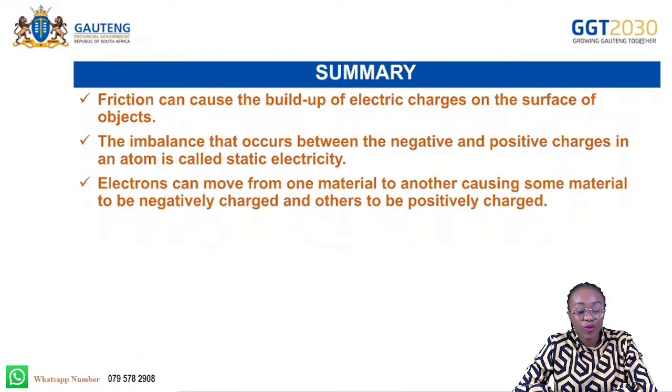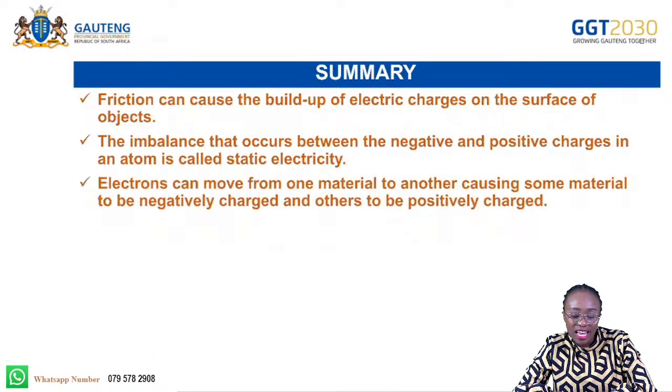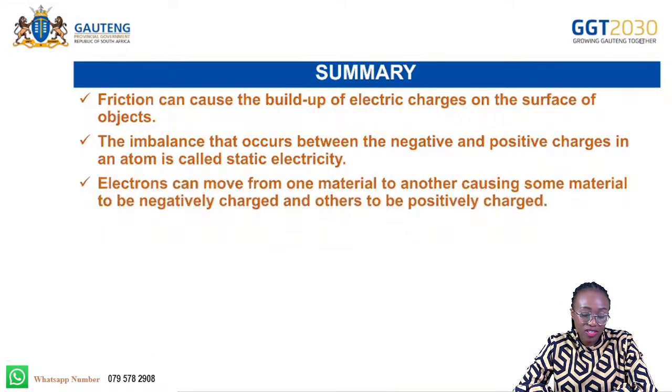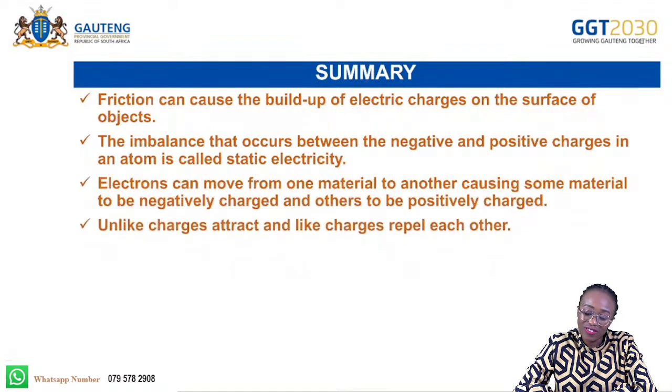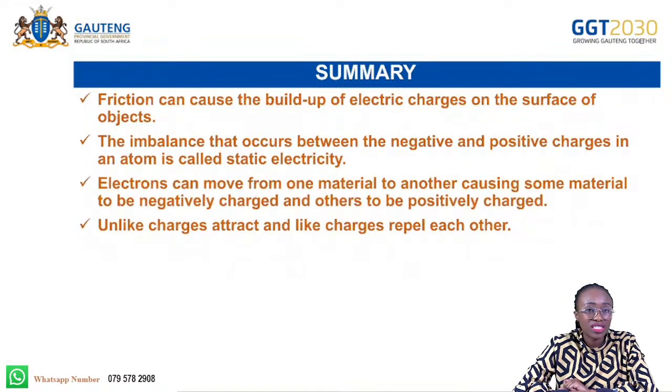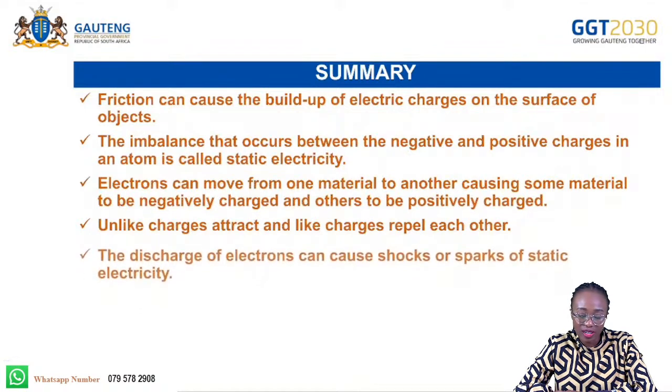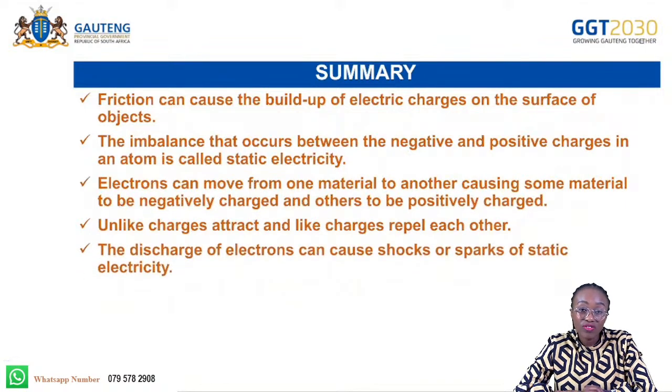They can move from one material to another, causing some materials to be negatively charged and others to be positively charged. And we also learned that unlike charges will attract, so charges that are different, positive and negative charges will attract, and like charges will repel each other. The discharge of electrons can cause shocks and sparks of static electricity.